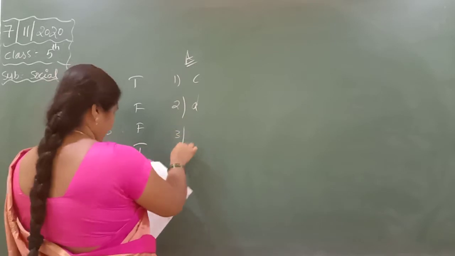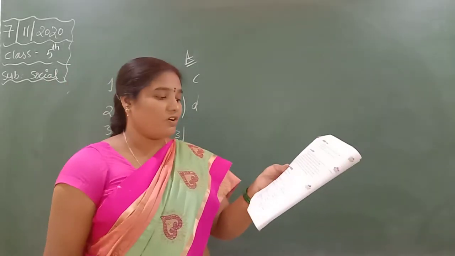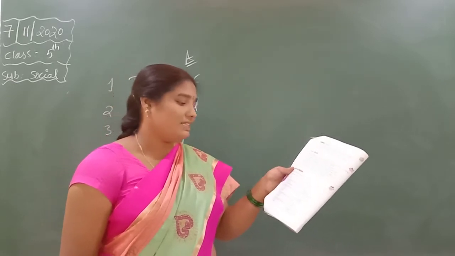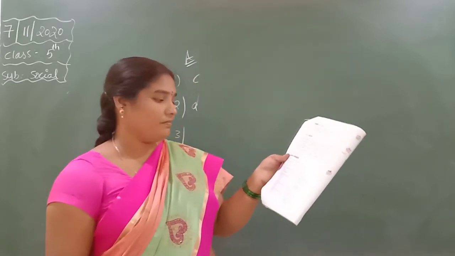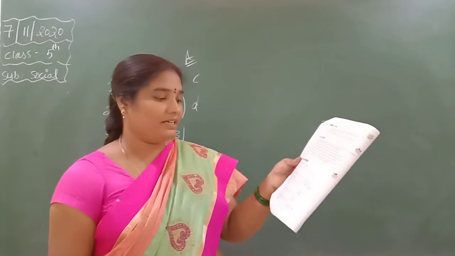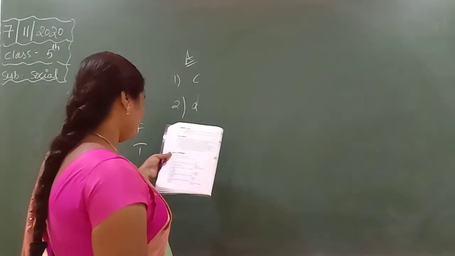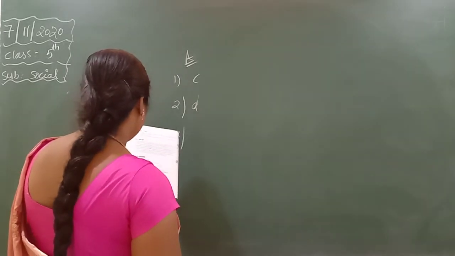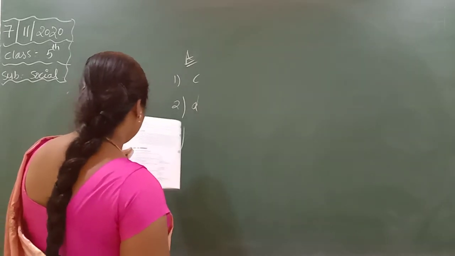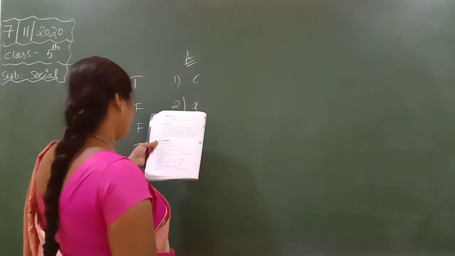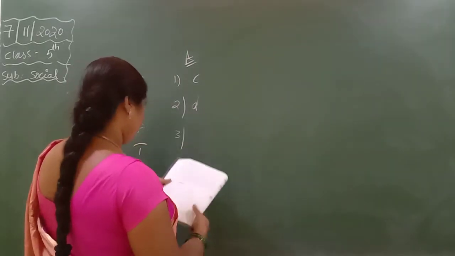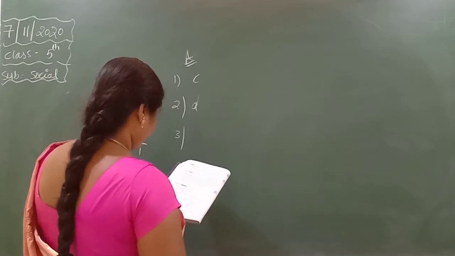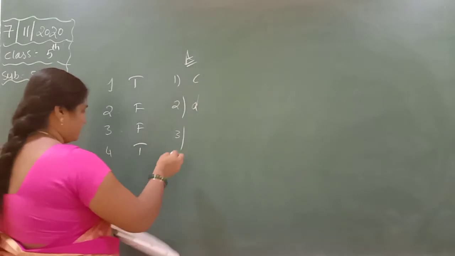Next, third one. If parallels are drawn at intervals of 1 degree, there will be how many parallels? 181 parallels.